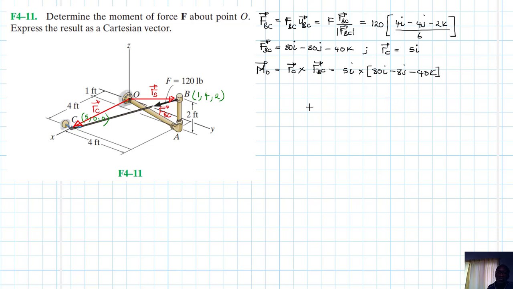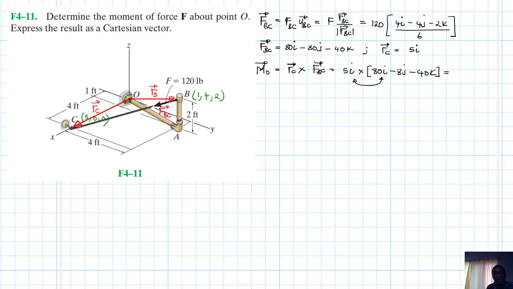You know the way we cross, we are moving like this. i cross j is k, j cross k is i, in that manner, and in the opposite direction we have a negative sign, and i cross i is 0. So this part gives us a 0.